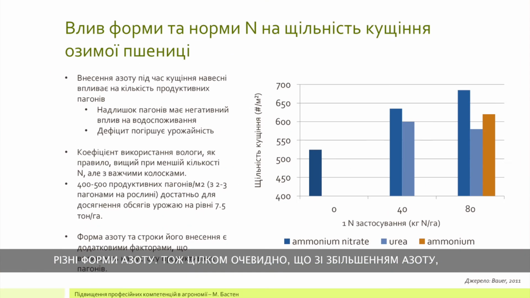So it's quite obvious that with increasing nitrogen rate, you can boost the number of tillers, and it looks like this applies very much to the ammonium nitrate or the nitrate form, whereas the ammonium form doesn't have the same kind of effect. It has an effect, but the number of tillers with ammonium nutrition is less compared to ammonium nitrate nutrition and urea.